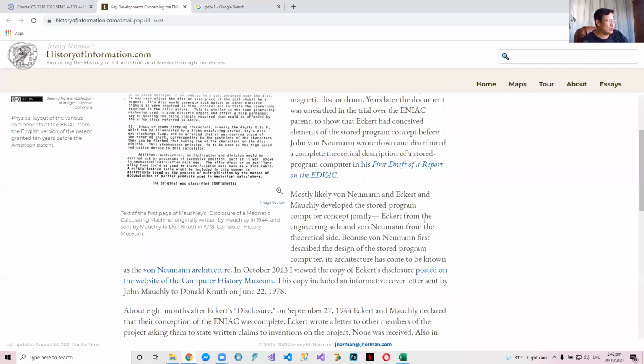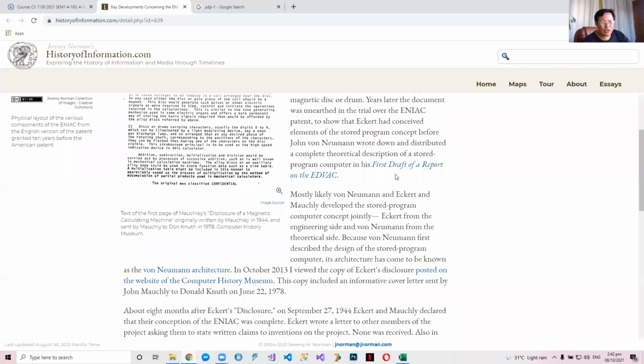Eckert was working on the engineering side, the hardware part, and von Neumann was working on the theoretical side. Because it was von Neumann who described in detail the working mechanism or the design of the stored program computer. The stored program concept was defined very clearly by the von Neumann report on EDVAC.